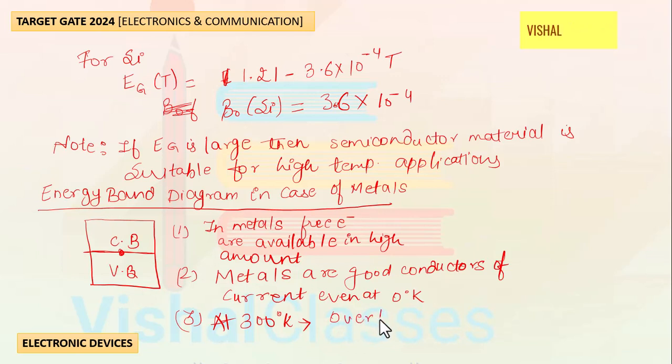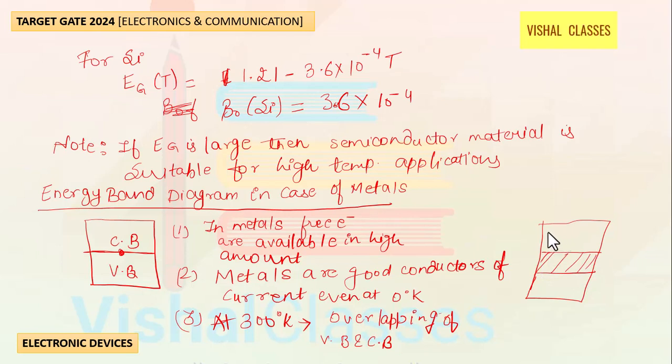Overlapping of the valence band and conduction band will occur.